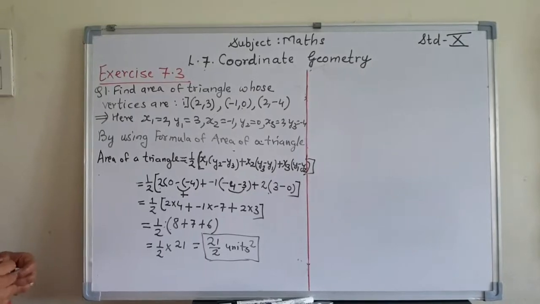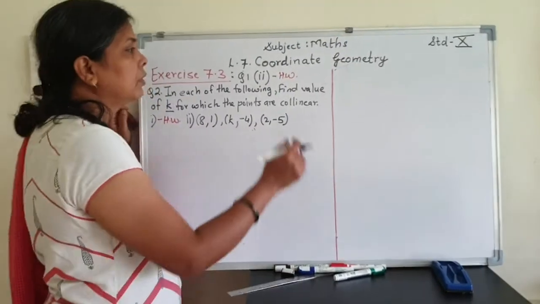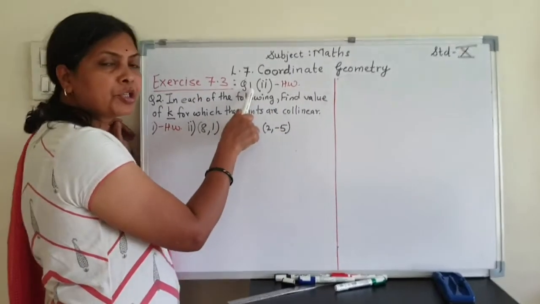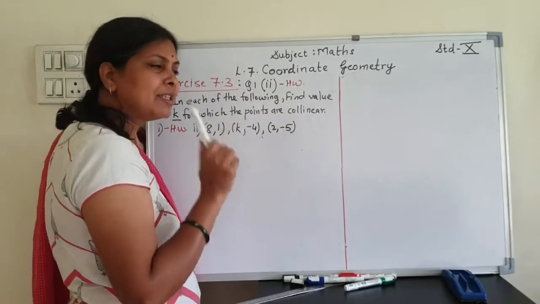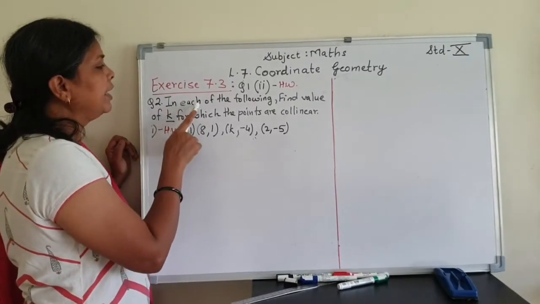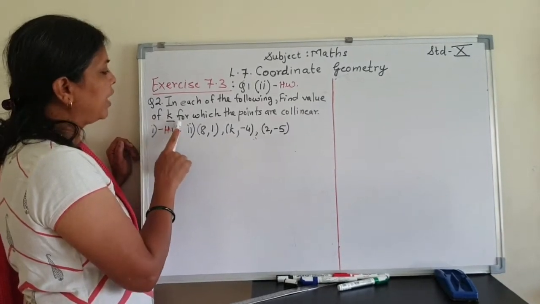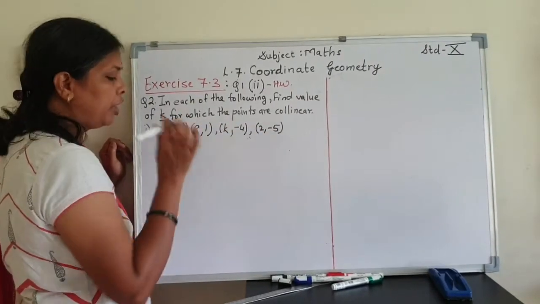Write this down. Now the second sub-question of question number 1 you take as homework because it is similar to the previous one. So we will move to the second question: in each of the following, find the value of k for which the points are collinear.